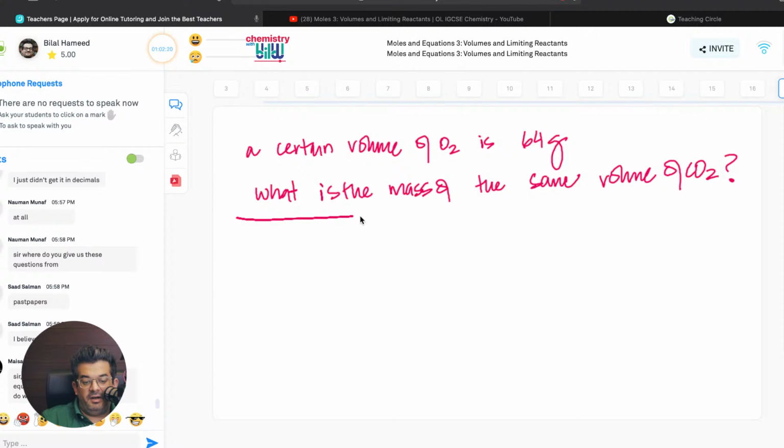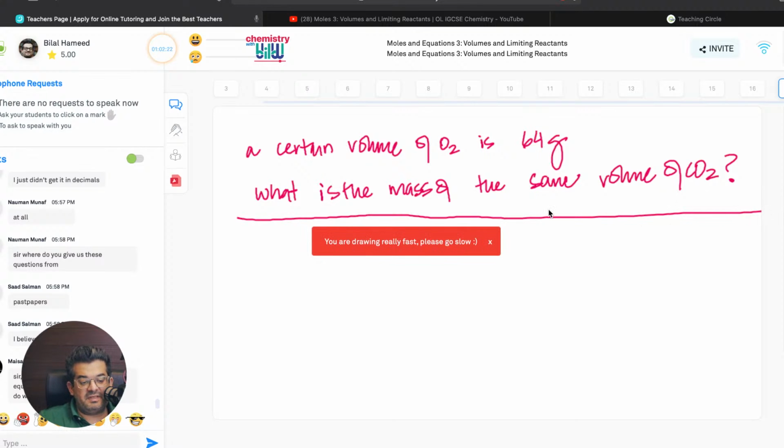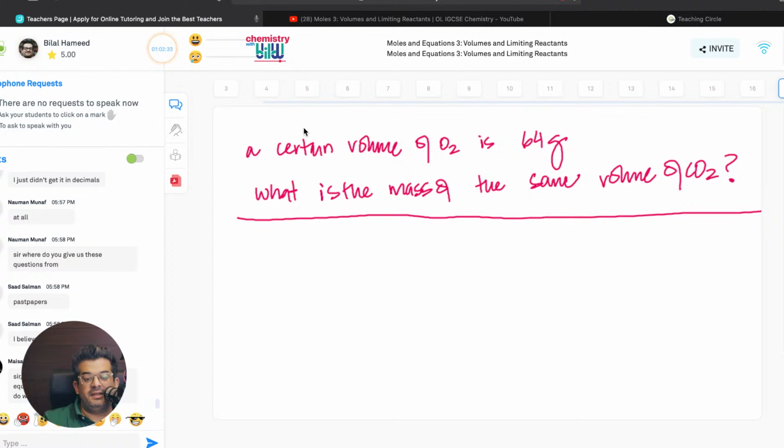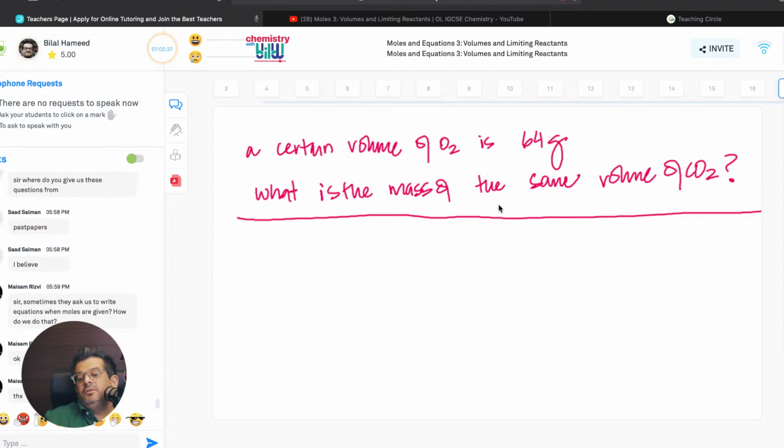Now, it is not a 3-step question. It's not the same as that. It's no reactions, but we'll do writing equations later, Mason. Right now, I'm only concerned about the moles, but step by step. So here, I'm saying a certain volume of O2 has a certain mass. Same volume of CO2 का mass क्या होगा? Try this one out right now.